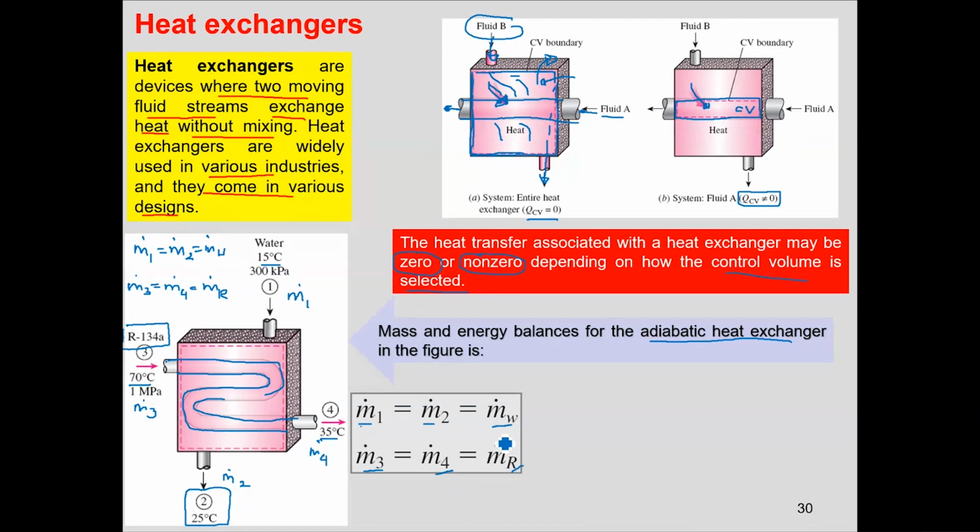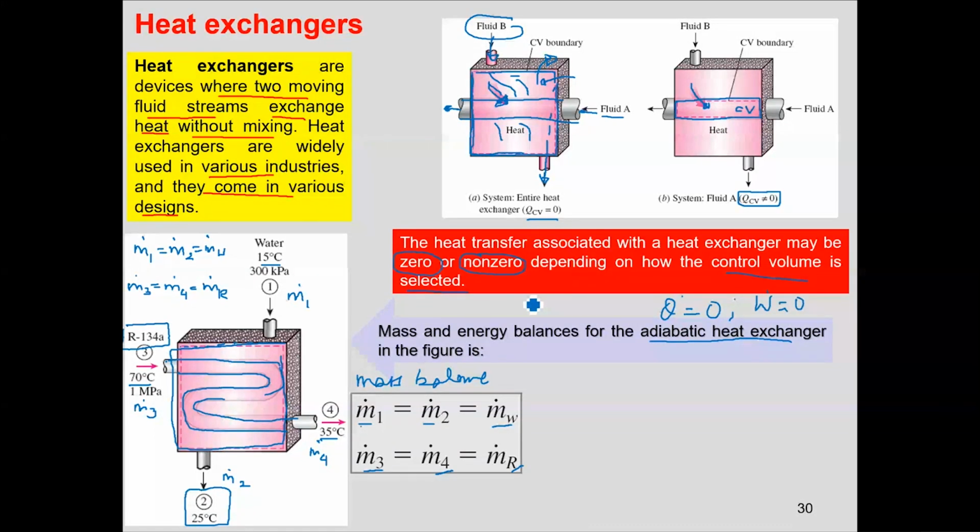Now, an adiabatic heat exchanger would essentially have the heat transfer rate as zero for this control volume. If you take the whole system as the control volume, there would be zero heat transfer. Since there is no electrical or shaft work involved, work done would essentially be zero.